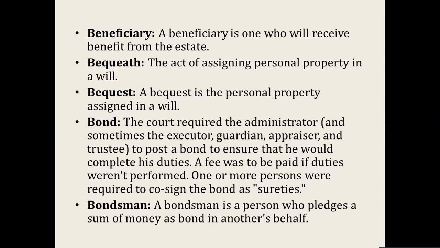So you might find a bond for a will for $2,000 when in that time period you know that is an astronomical amount, but it does not mean that they paid that much. It means that they are promising to do their job, and in the case that they do not fulfill it, they do have to pay that money to the court. A bondsman is the person who pledges a sum of money as bond in another's behalf. That's why you typically have multiple people signing them.